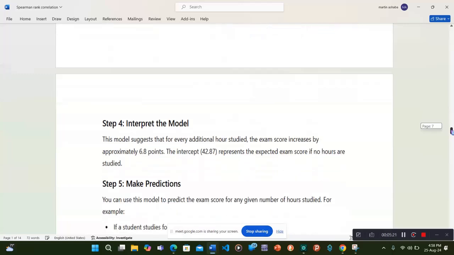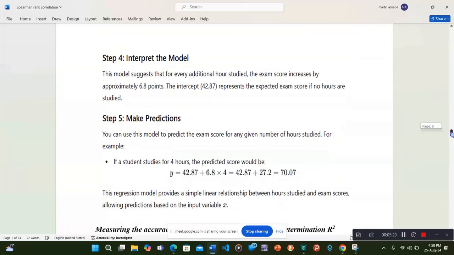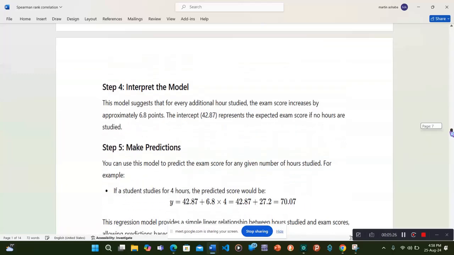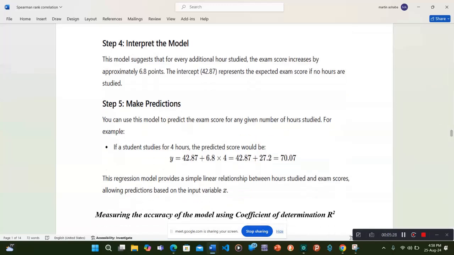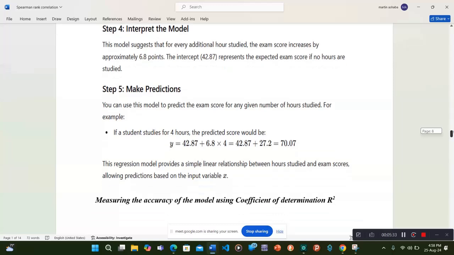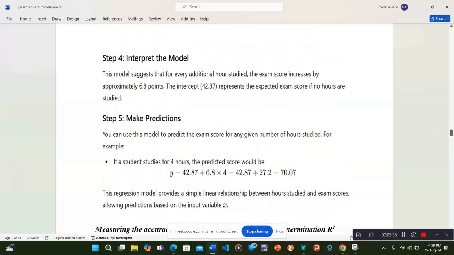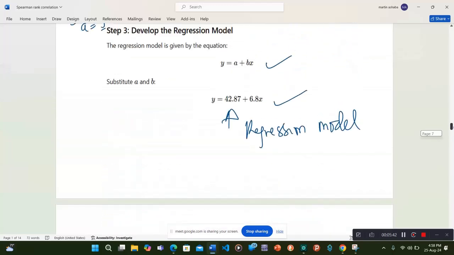So now you can make predictions. The interpretation is that for every additional hour studied, the exam score increases by approximately 6.8 points. That is the slope we are talking about. Each hour studied, the score increases by 6.8.